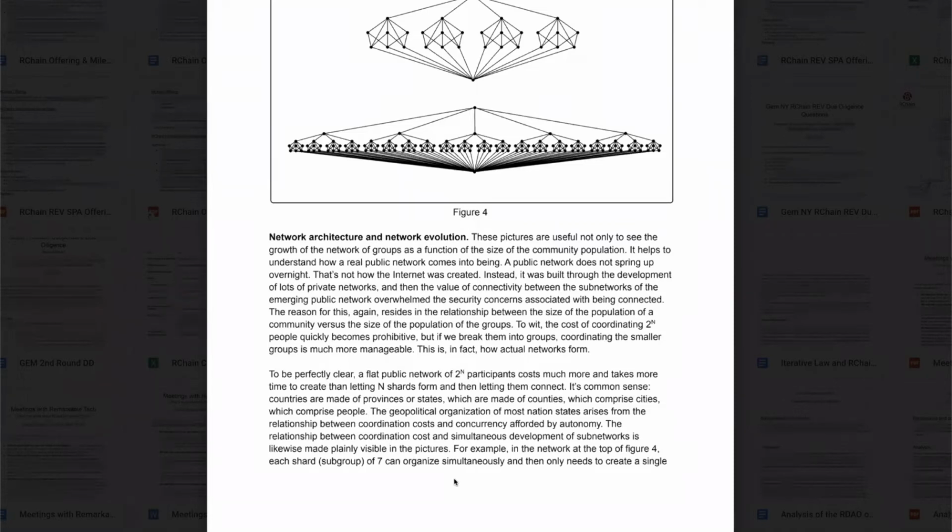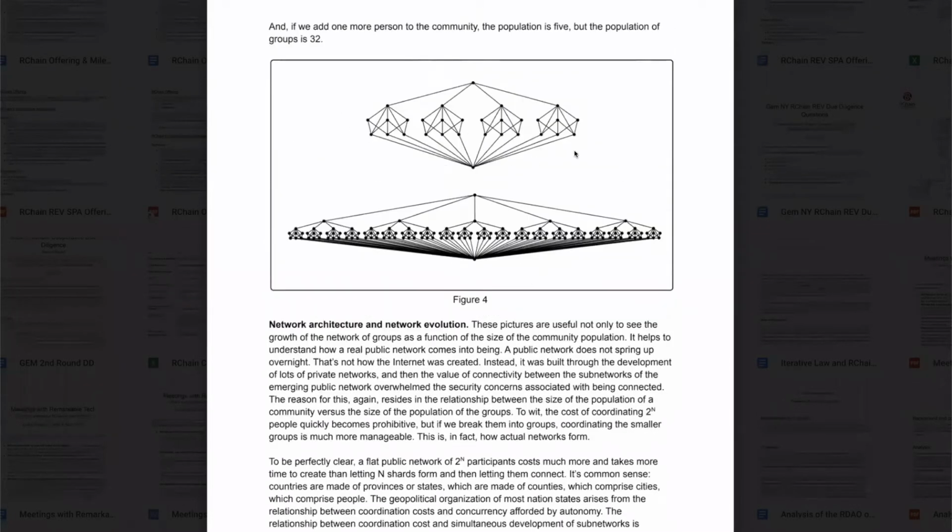So if we use just this picture right here, can you see my mouse? Yes. Okay. So if we use this picture right here, each one of these subnetworks can develop on its own in parallel. They can develop their own private shards. And then they have 1, 2, 3, 4 coordinating events to wire into the top level shard.